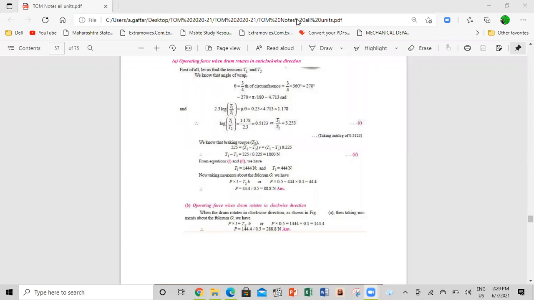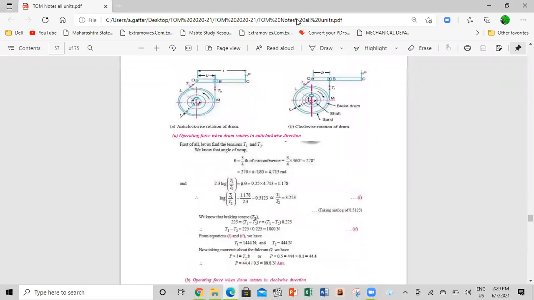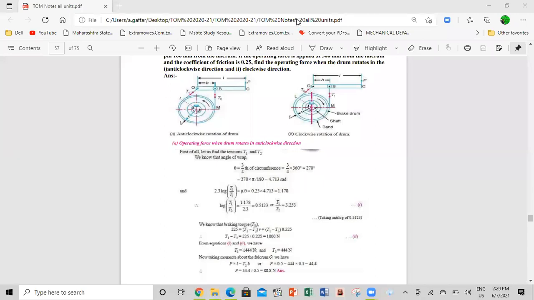So T1 is on which side? Left side of the band. T1 is 0, because when we take the moment at point O, there is no perpendicular distance to multiply with this force, since it is attached to the fixed point. So T1 is 0.